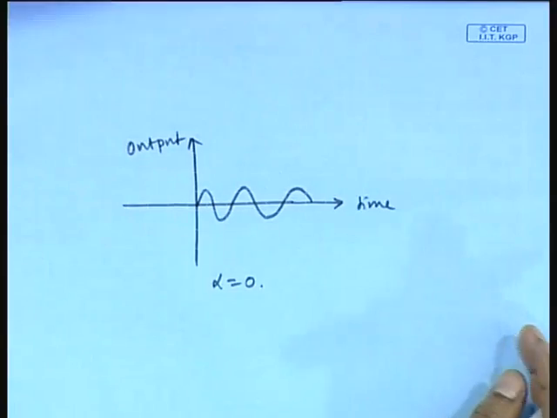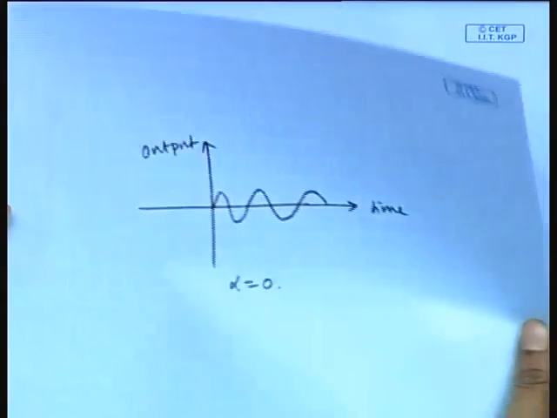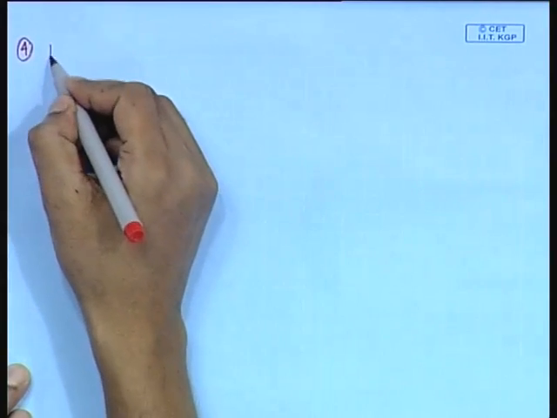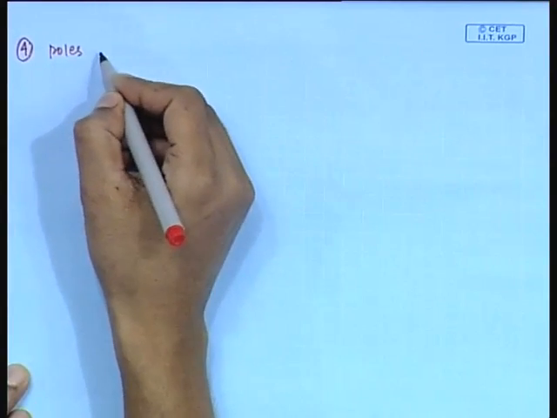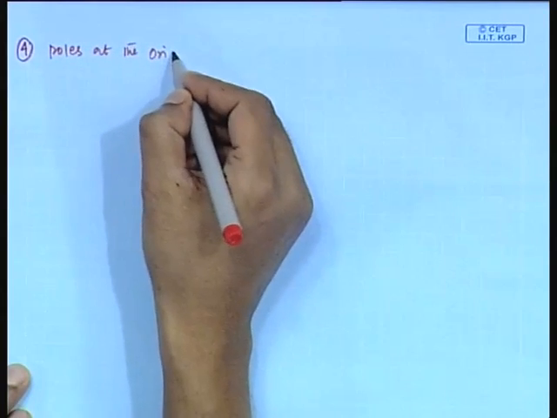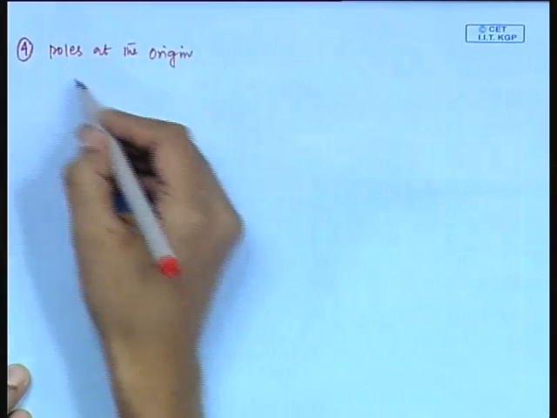In the fourth case, we will consider poles at the origin.